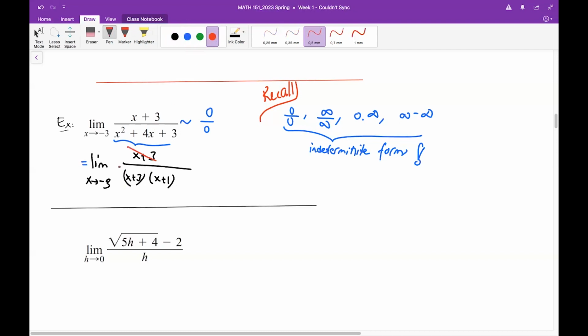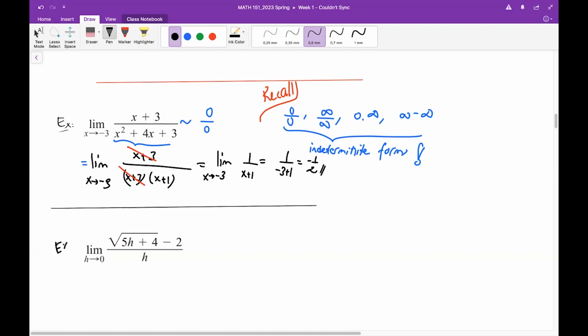Then you start having this simplification, and you end up with a more simplified form like that. We are looking at the limit as x goes to -3. Now we are safe to insert -3 into our expression, which gives us the result -1/2. This is one way to get rid of an indeterminate form, as I said, decomposing polynomials.